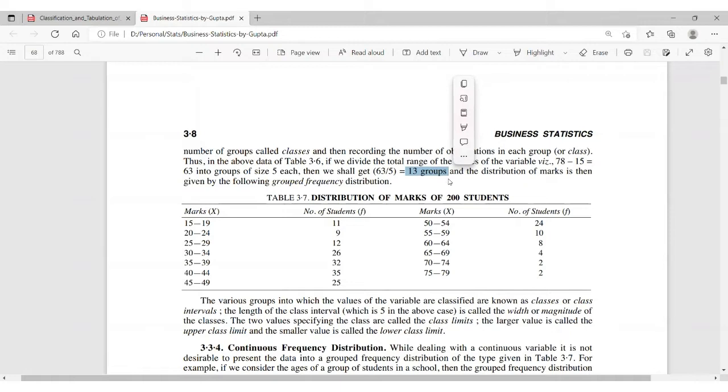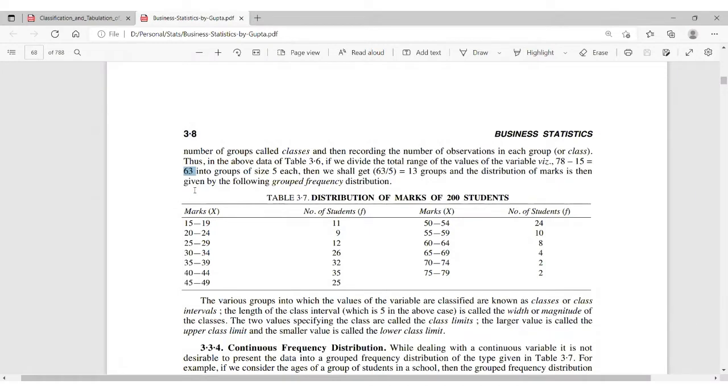Or you can do vice versa. For example, you want to form 10 groups. So what you do, divide the range by whatever your wish is. Your wish is 10 groups, so divide by 10. It comes to be 6.3.